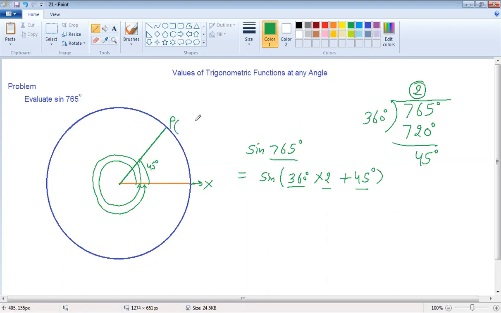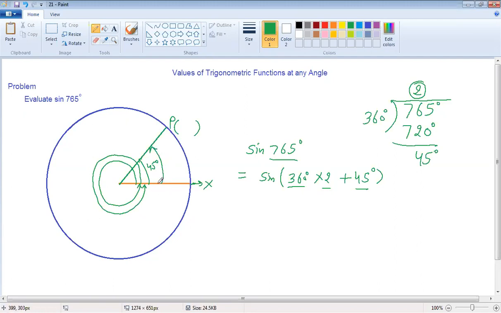That will be given by the coordinates of this point. Is this point clear? The point P which has been marked, its coordinates will be the same as if the angle only would have been 45 degrees, isn't it?